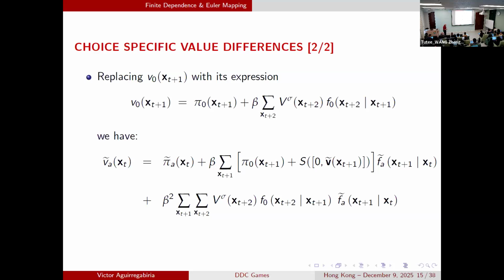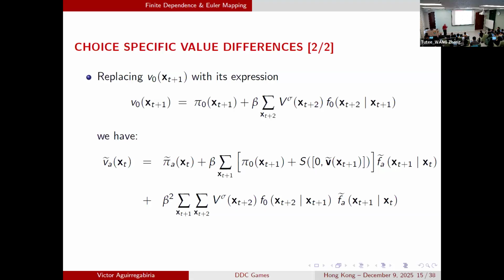Then we now have two terms. We have the payoff difference today, this expression, and now the value at period t+2. And I'm going to do this telescoping only once.